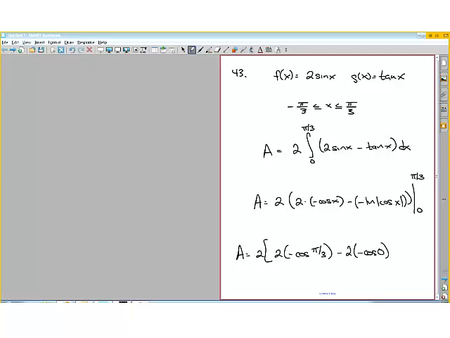So that's this term evaluated at the upper limit, subtracted the lower limit. Then we have minus, and we'll have negative the natural log of the absolute value of the cosine of pi over 3 minus the natural log of the absolute value of the cosine of 0. Close parentheses.